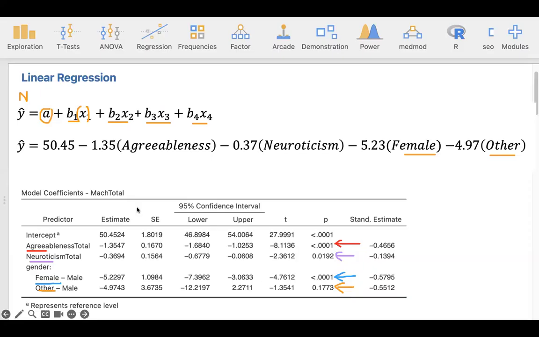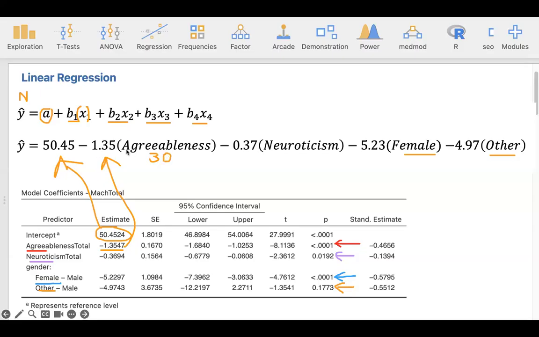So here, when we write this out, these are where I'm getting the numbers from. So my intercept goes there. And it's positive, so it's going to be a positive intercept. If it were negative, I would write negative 50.45. And then I'm going to subtract, because again, it is negative. That is my beta weight, and I'm using my unstandardized beta right there, 1.35. And then let's say that I had somebody I wanted to know if their agreeableness was 30.